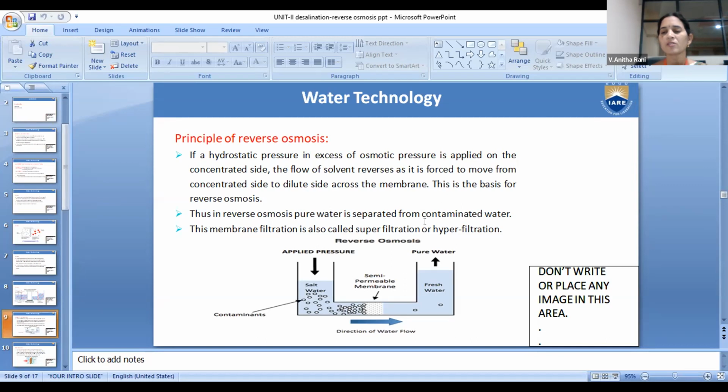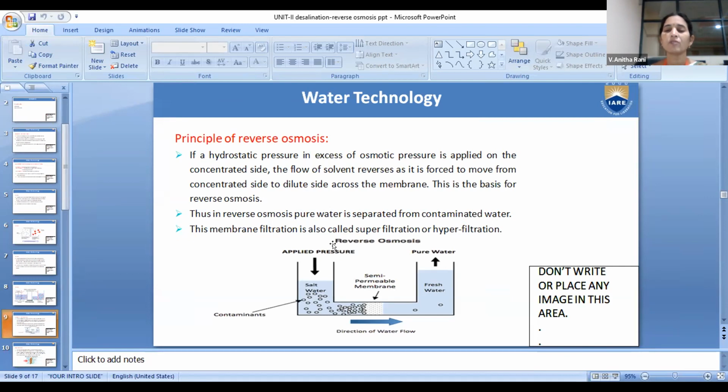How are we following the process? We are following the reverse of the osmosis process. How is it reversed? In osmosis, the flow of solvent takes place from higher concentration solution to lower concentrated solution.